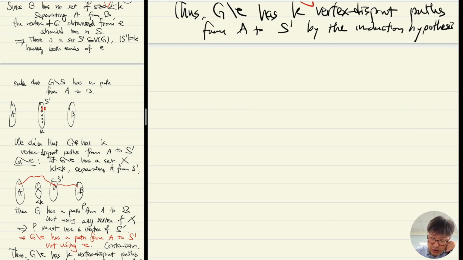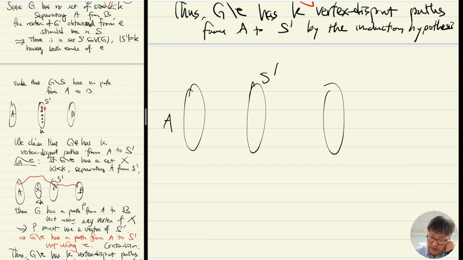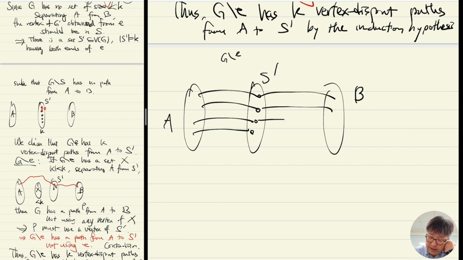All right. So now what we look at is the following. By this previous claim, I have K disjoint paths from A to S prime in G delete E, and I also have K disjoint paths from B to S prime by symmetry.